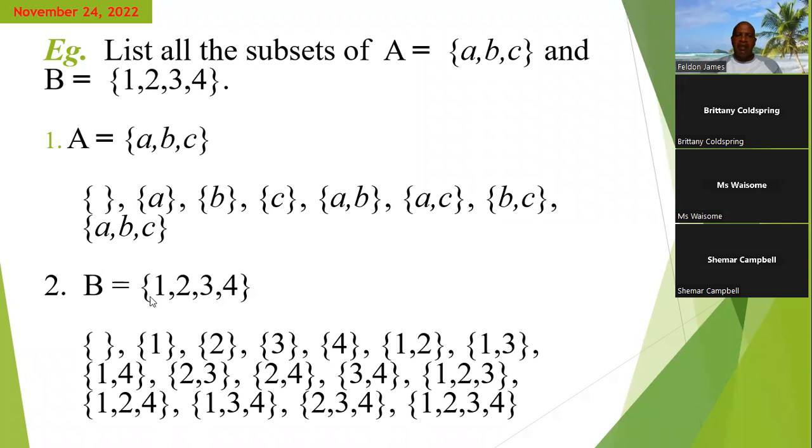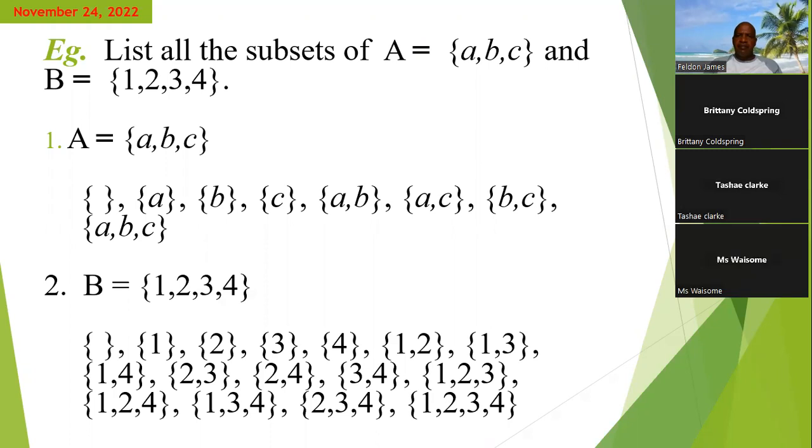For the set B, you have 4 members and you end up with 16 subsets. Now, if you have 5 members in a set, how many subsets would you expect based on the pattern so far? If 3 give you 8 and 4 give you 16, what do you expect from 5?